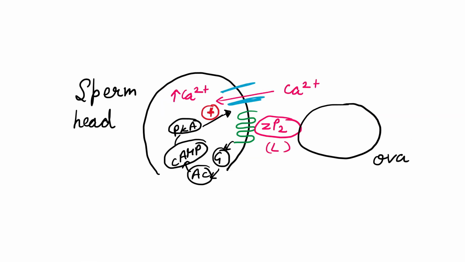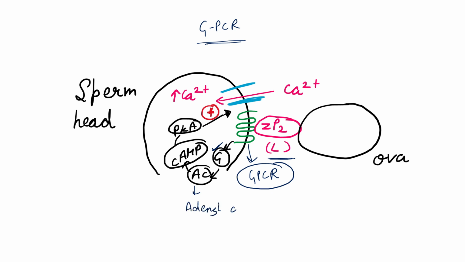So moving further, this is how the GPCR runs. This is the GPCR signaling pathway, and you have to remember this pathway. The ligand is ZP2, and the receptor is the GPCR. The GPCR receptor turns on the G protein. G protein activates adenyl cyclase.